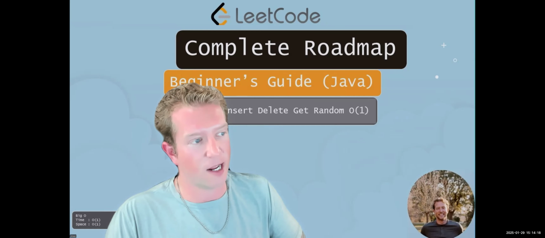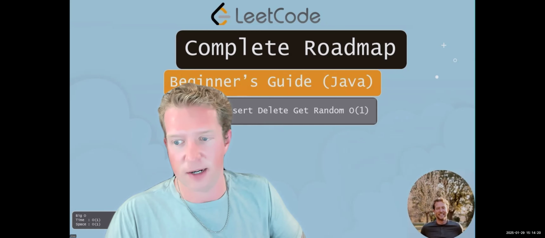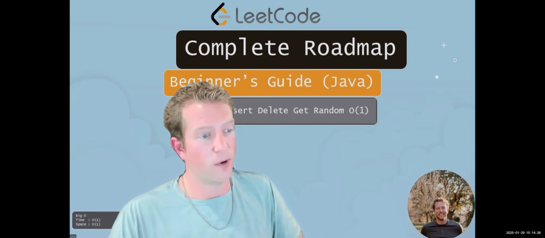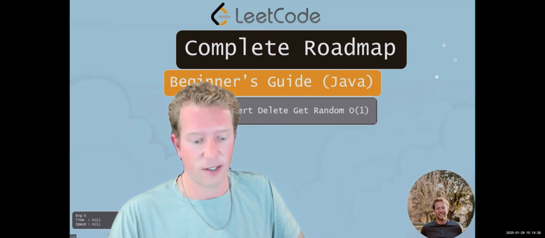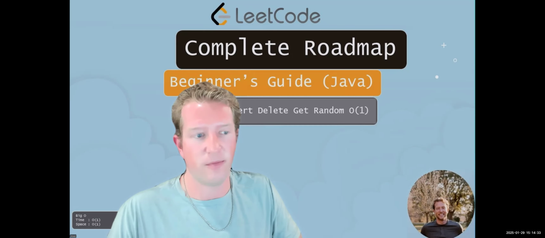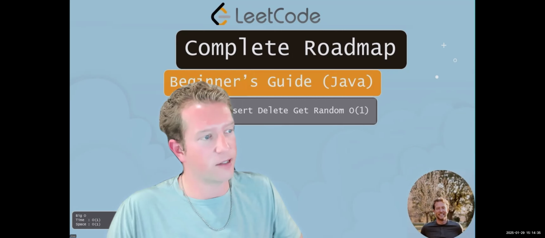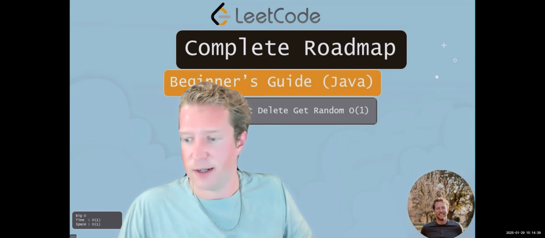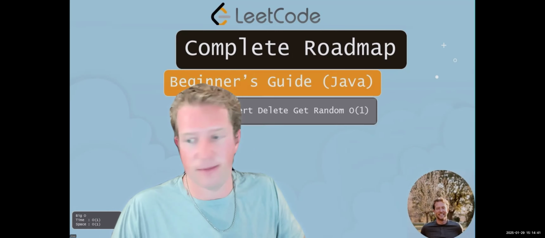And then when you see the random, you know that you might need another data structure to accommodate this. So by combining hash tables with array lists, you can get this type of functionality where you have O of 1 insertions, removals, and the ability to randomly navigate this. Hope it was helpful, and good luck.